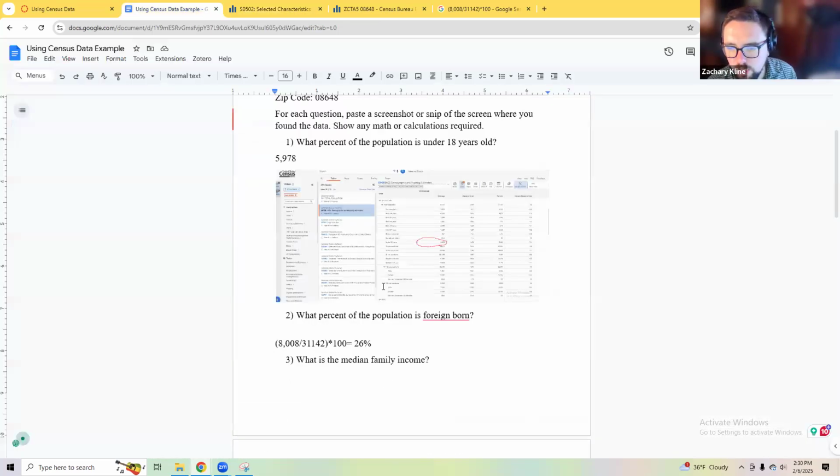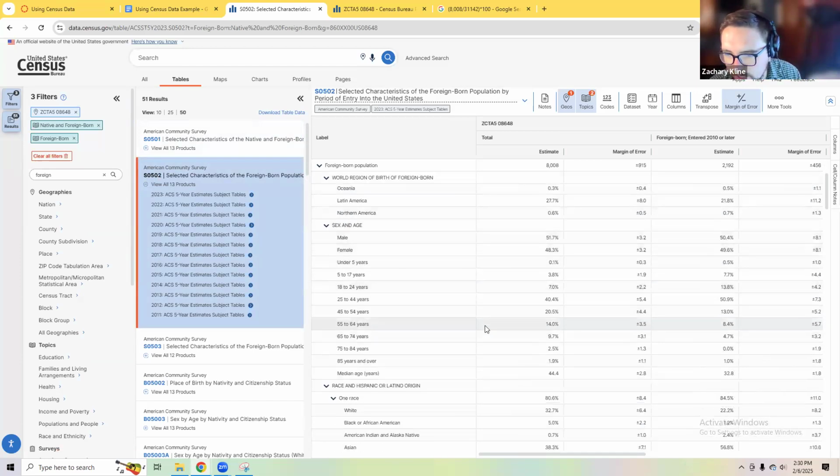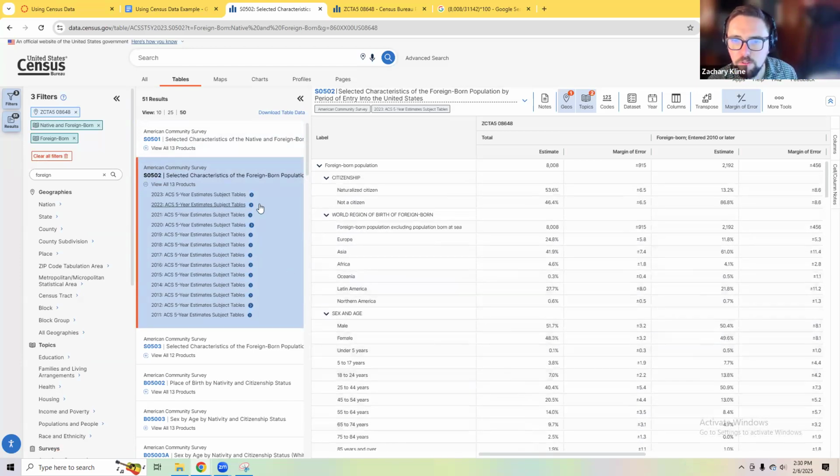All right, so let's move on to the next question. Again, don't forget to show where you got these numbers from. Ideally, you'll find these numbers from the same table, but in this situation, we had to use two tables. So make sure you're showing both of the tables.